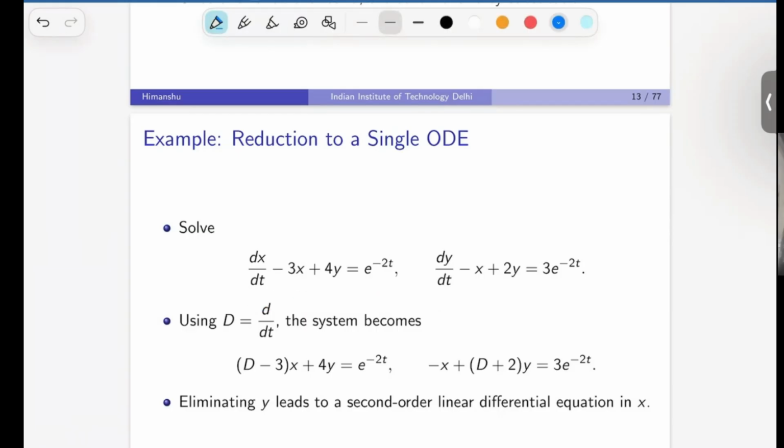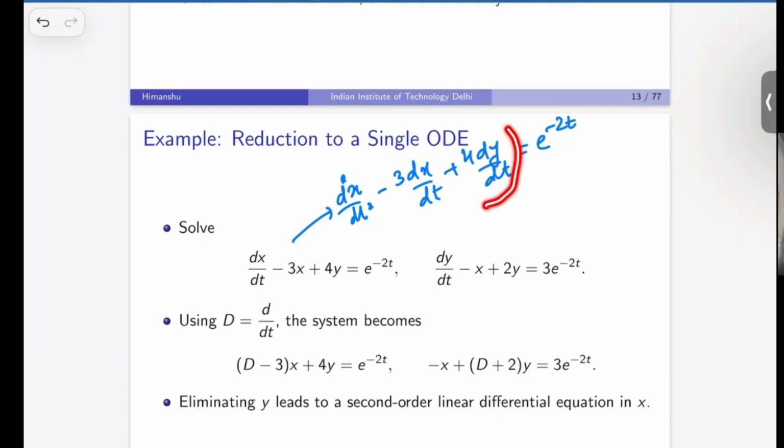So what will we have here? We will have d square x by dt square minus 3 dx by dt plus, since y depends on t, dy by dt equals e raised to the power minus 2t. So just substitute the value of dy by dt from here in this.